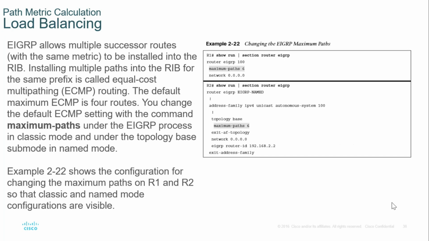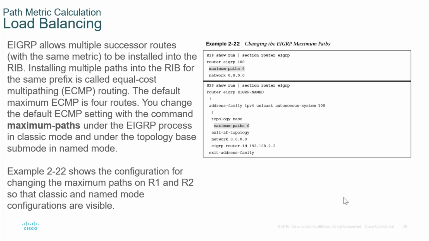Okay, one important characteristic of EIGRP is that it supports load balancing. This means we can choose more than one best path and put them in the routing table. So load balancing enables us to make sure there is a backup path in case of congestion and so on.